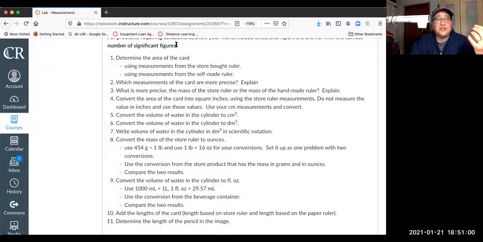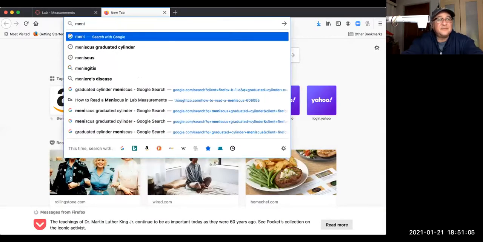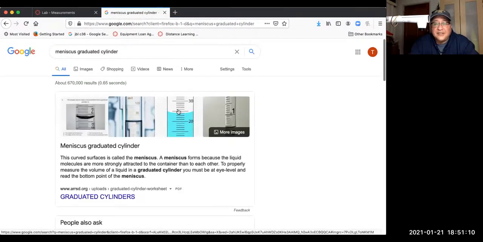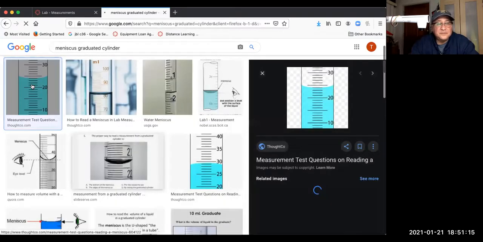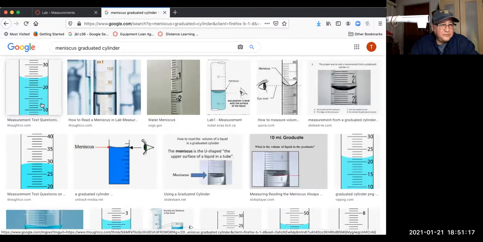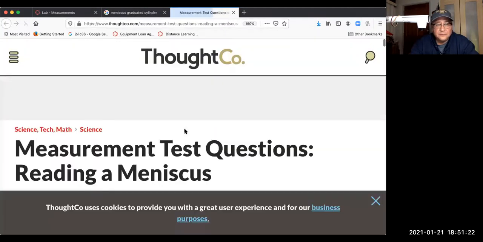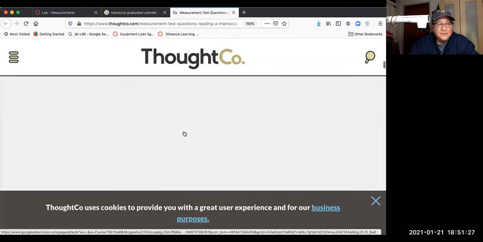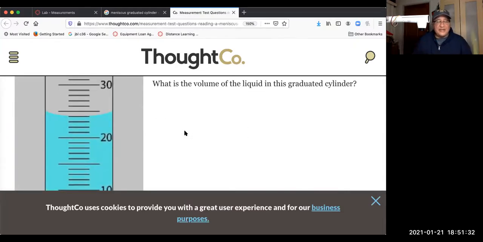So I'm going to go back to meniscus and graduated cylinder. And I'm going to look for a particular image, and it's this one right here. Okay. Hopefully you can see the cartoon of the meniscus here.